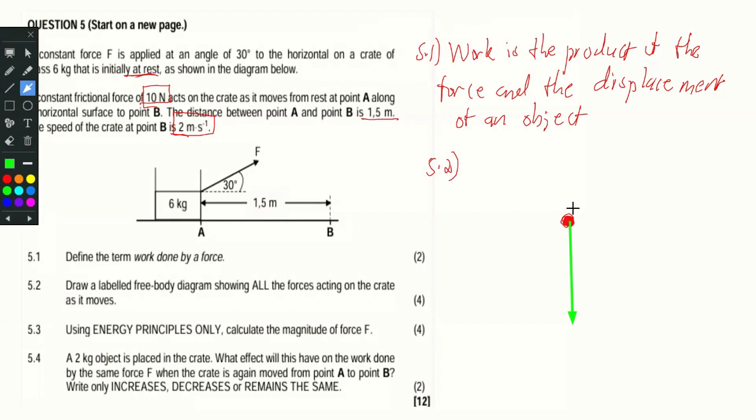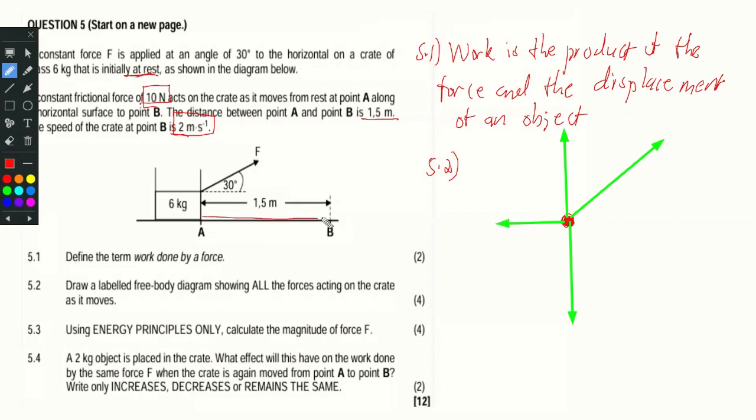Gravitational force always acting downward, normal force always perpendicular to the surface, and then the force being applied in that direction. So you just put it the way it is here. And then obviously, since this is a rough surface, there will be a frictional force that opposes. Note that the frictional force does not oppose the applied force. It opposes the motion of an object.